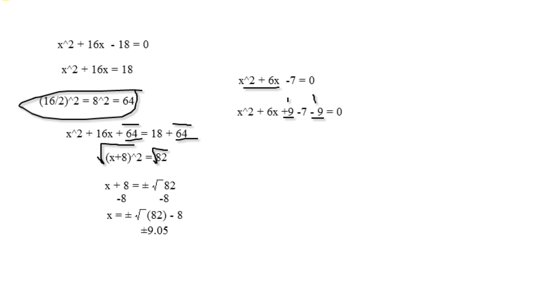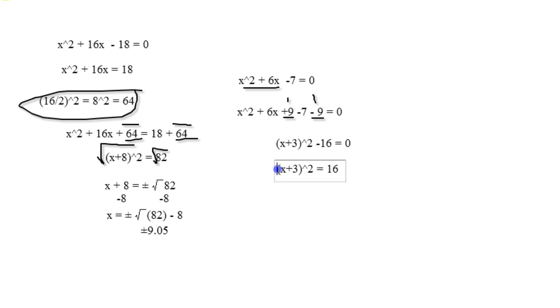And then you could just start to manipulate it, and you could get this down to x plus 3 squared, minus, was that 16? Yeah, that's 16, equals 0. Okay, so you could get it down to this form, and then you could start solving it. Ooh, this actually turned out pretty sweet. So this is just x plus 3 squared equals 16.